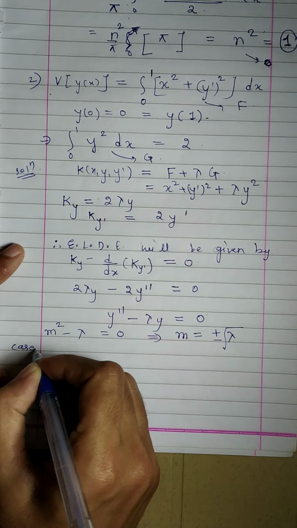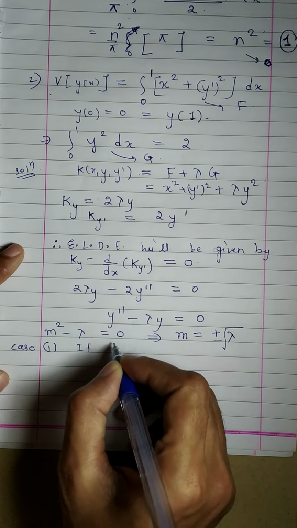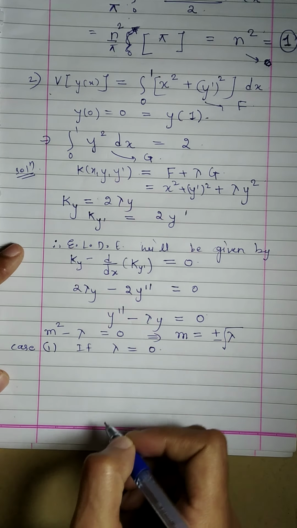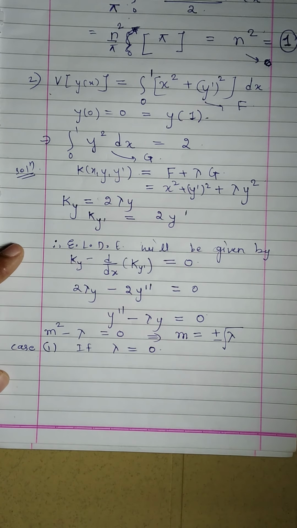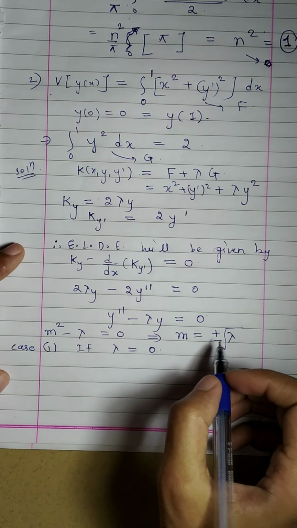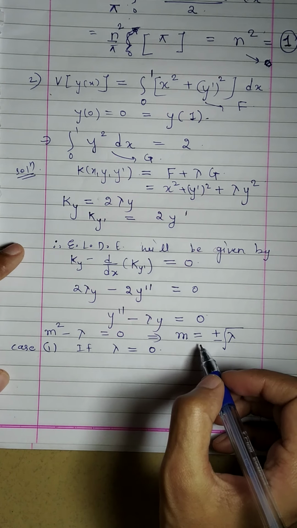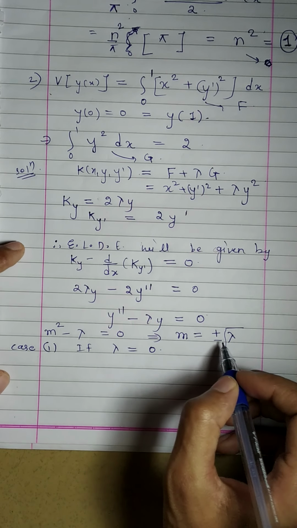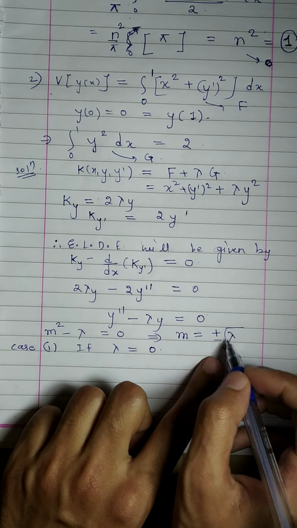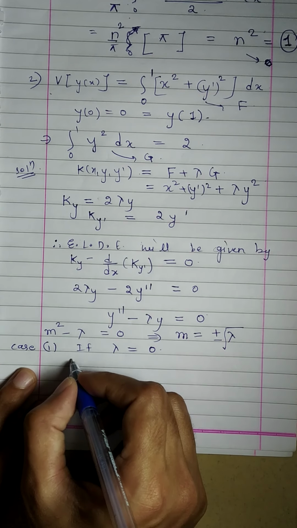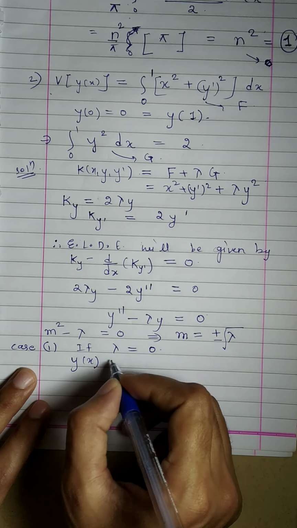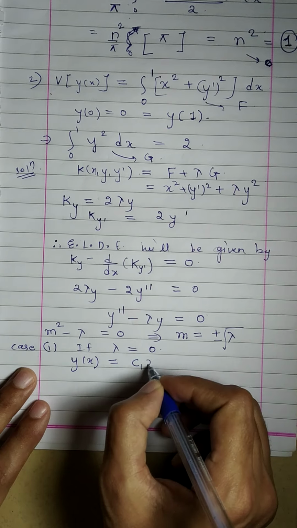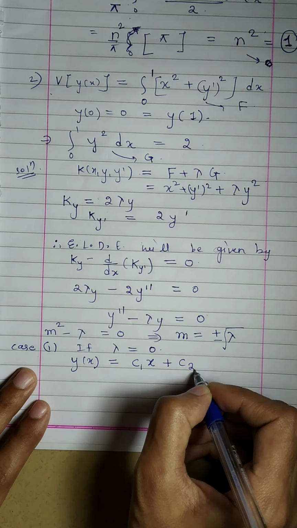Let us take case 1, if lambda is equal to 0. Then the term becomes 0, and therefore y of x will be of the form c1 x plus c2.